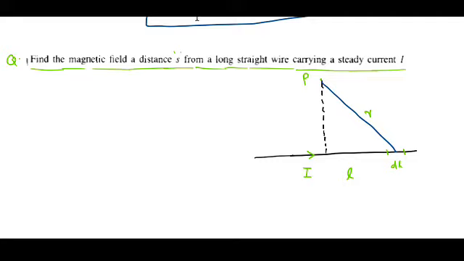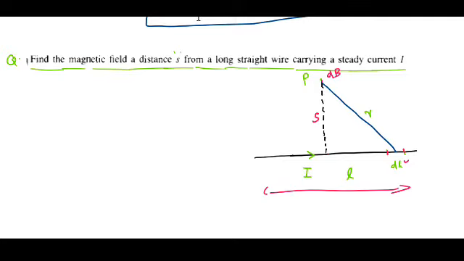That is, we need to find out the magnetic field due to the whole length of this wire at this distance s from this wire. For this, first we find out a magnetic field due to this small length of the wire at the point P. Then we will integrate the equation. The magnetic field at the point P due to the small length of the wire is dB.